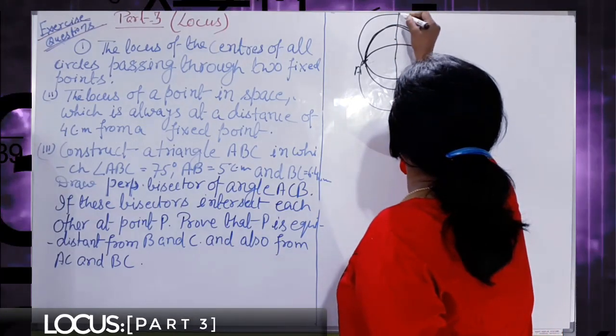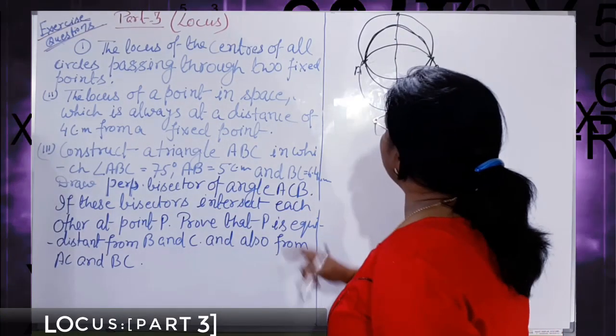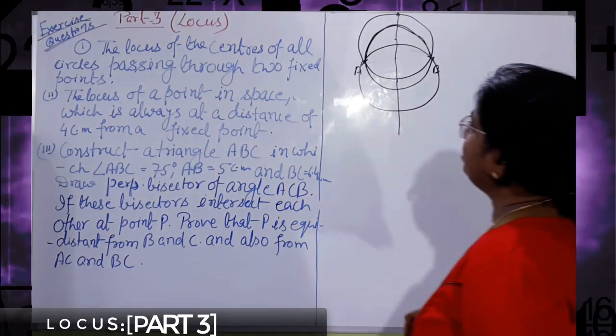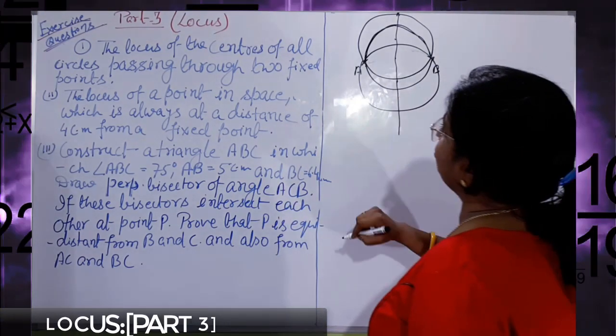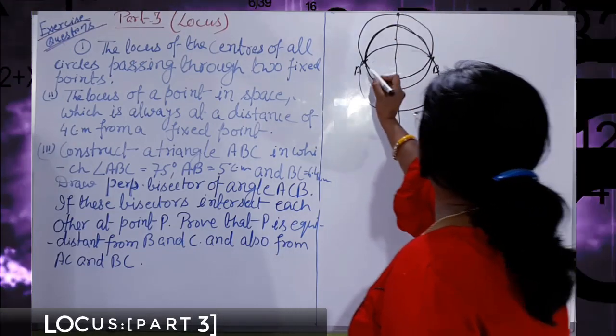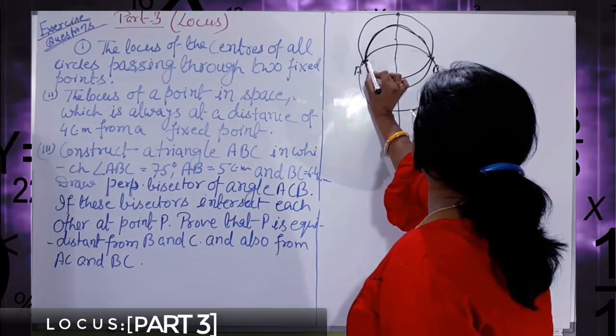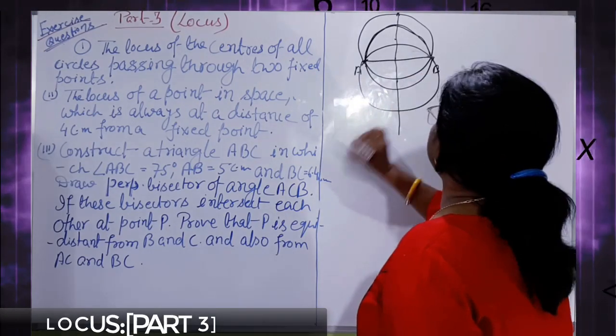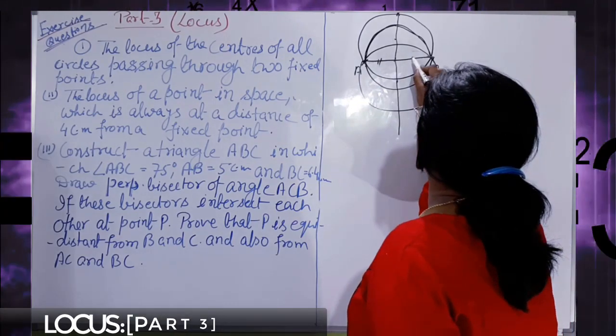it is the locus of the centers of all the circles passing through two fixed points, that is the perpendicular bisector of the line segment joining AB, is always equal to both.